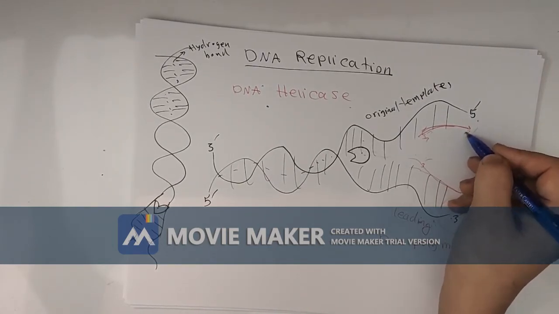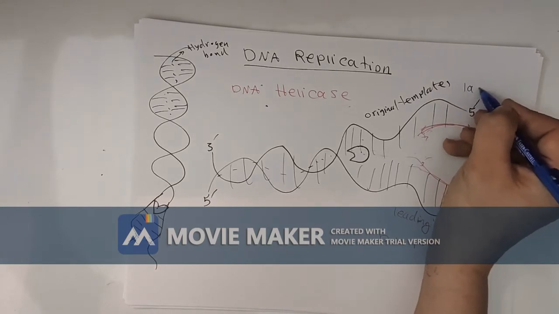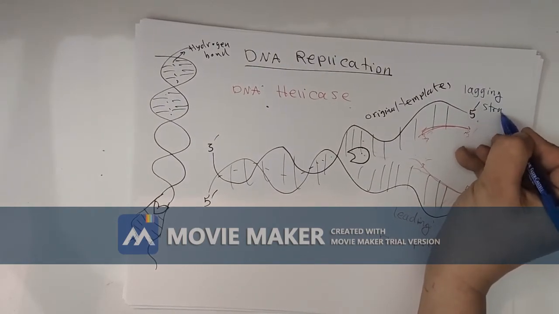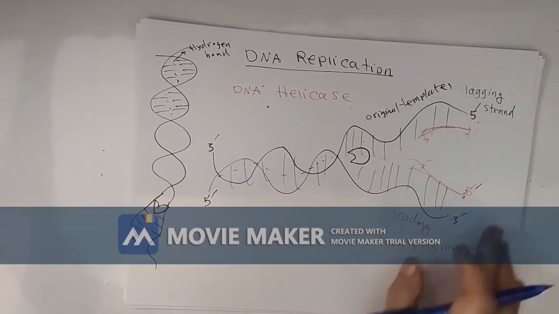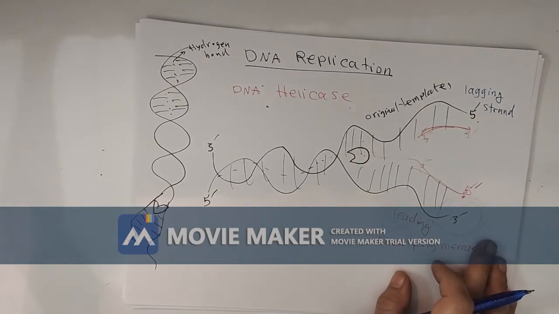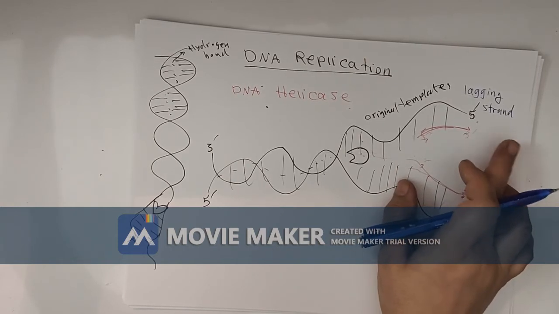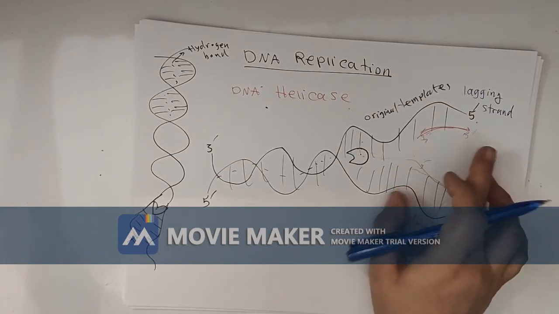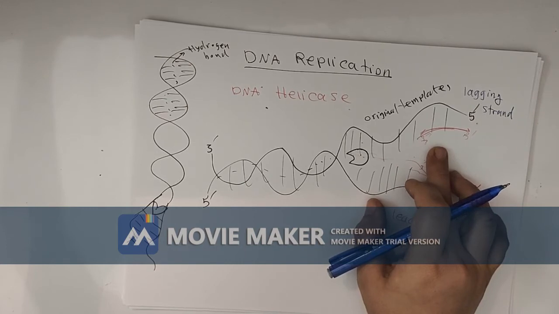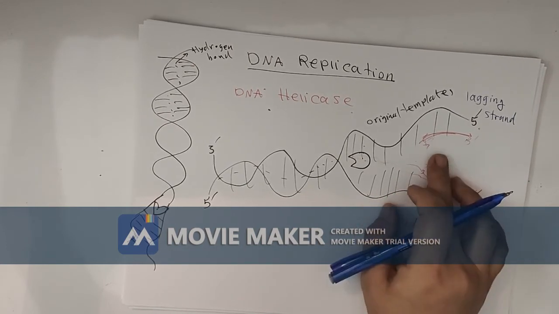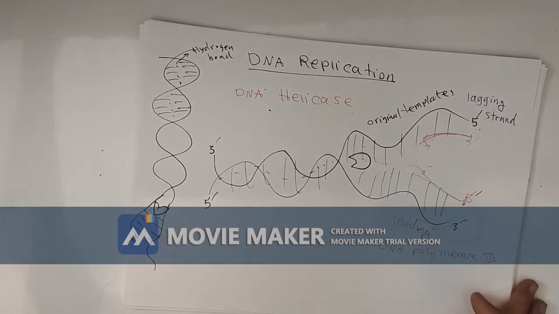So this is very difficult to replicate. This is called a lagging strand. If you want to lay it in a 5' to 3' direction, it would be going in the opposite direction to helicase and the replication fork. So that's why it's very hard.